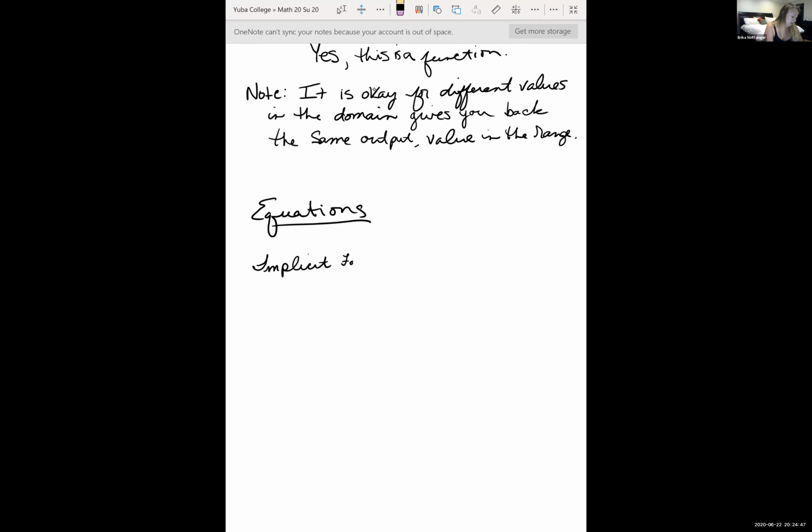Usually we don't talk about this until calculus. Implicit form. I couldn't think of the other word: explicit form.